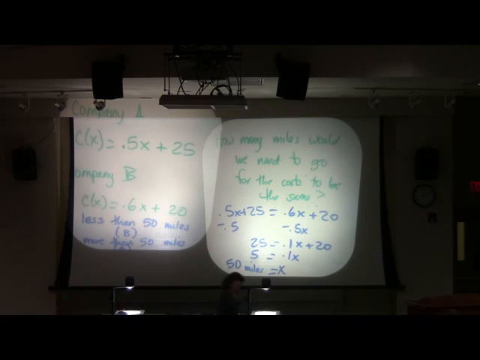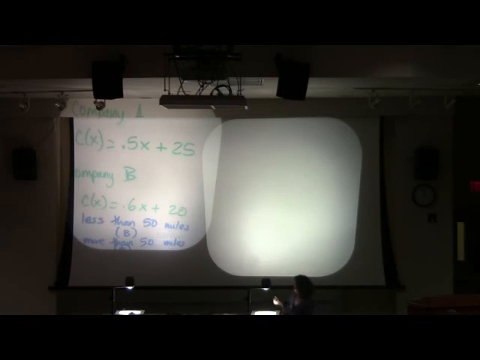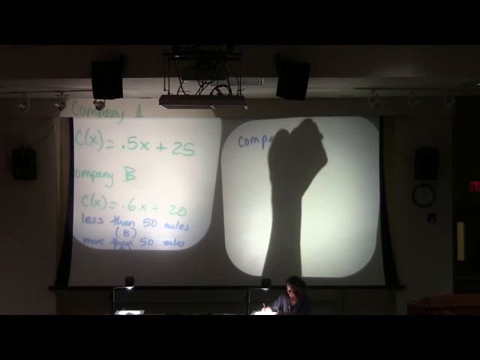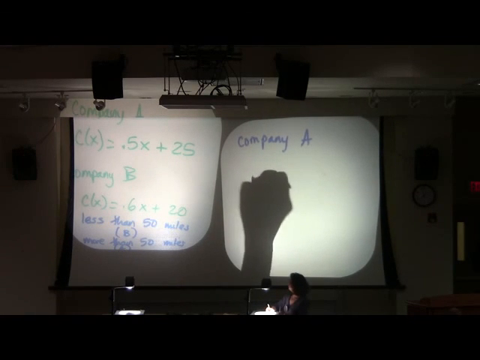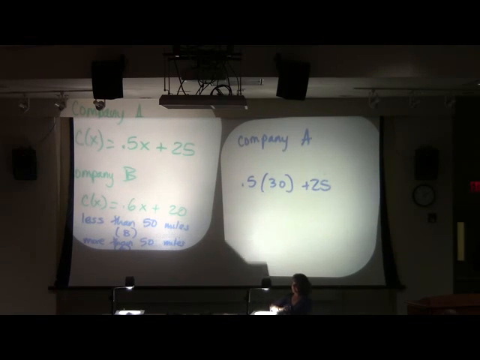Okay? If you don't believe me, let's just take this and check it out. Let's go 30 miles. How would we find how much company A costs with 30 miles? Well, would you take 0.5 times 30 plus 25?